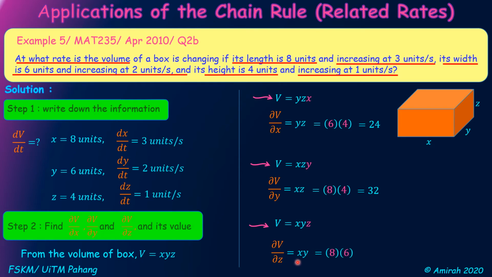Then we replace x equals 8 and y equals 6, and simplify, we get 48. So now we are done finding the values of del v over del x, del v over del y, and del v over del z.